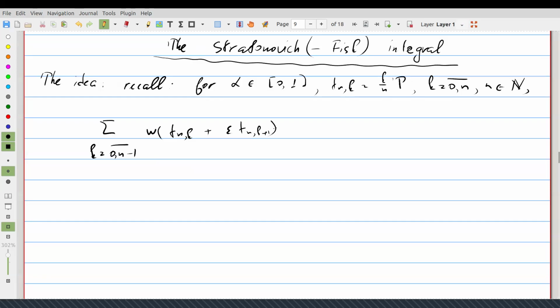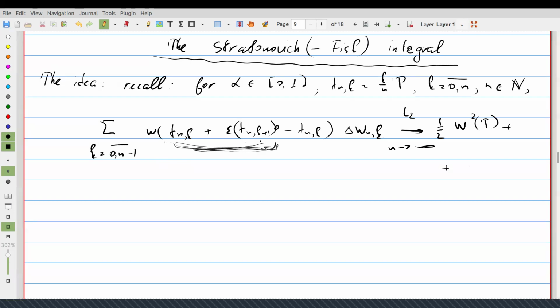You can do something like this. You can consider averaging between times on the k-th part of the segment of your partition. Consider W_k.